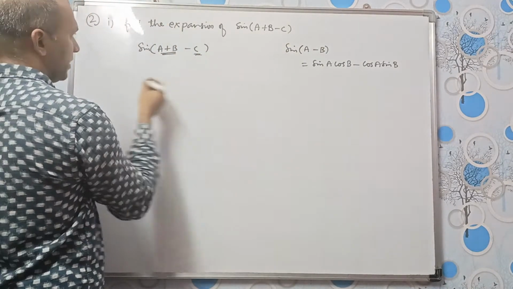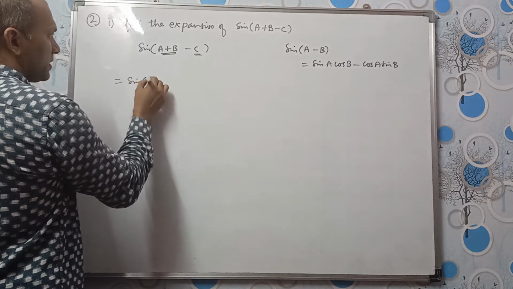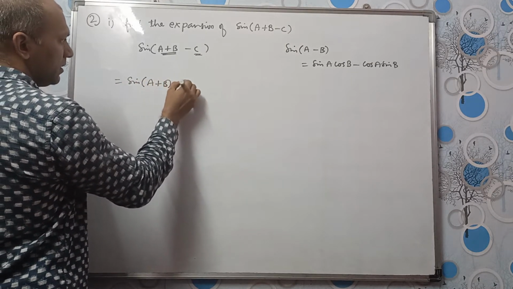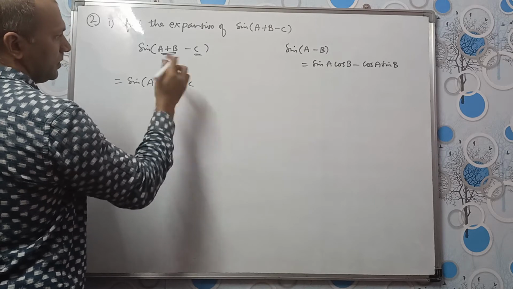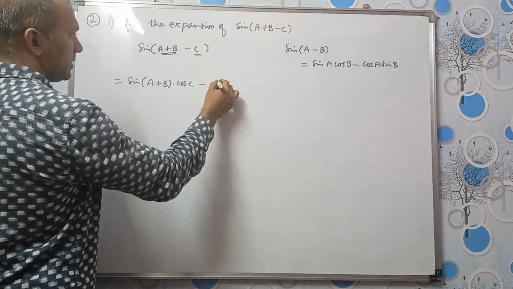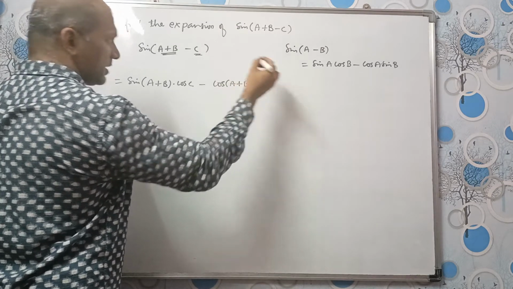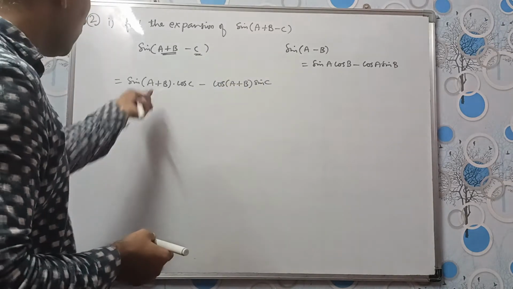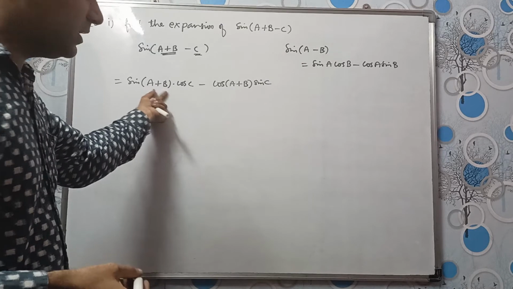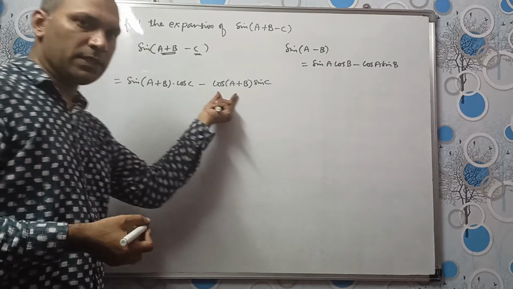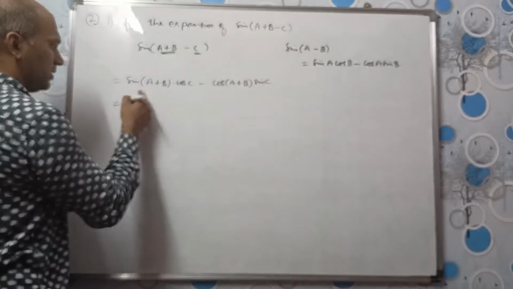So using the same expansion, this is sine a plus b cos c, minus cos a plus b sine c. Now we know the expansion of sine a plus b and cos a plus b, right? So let us expand this.